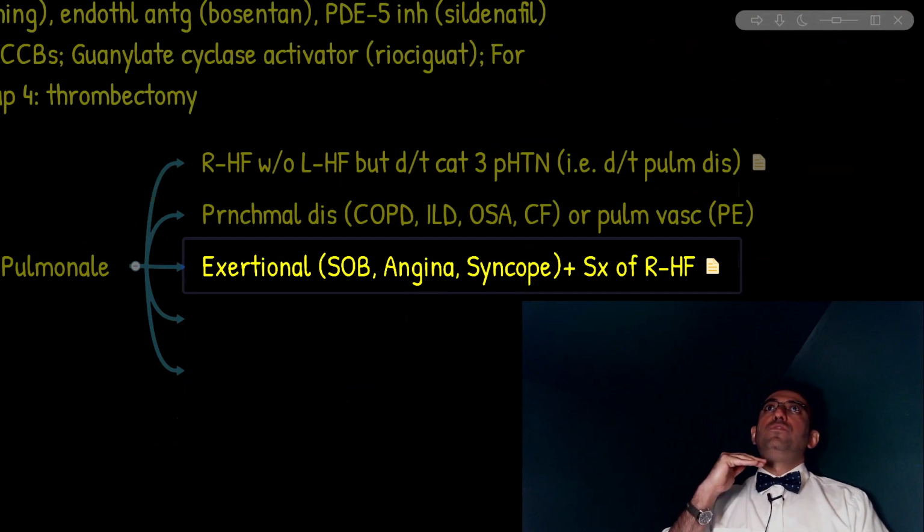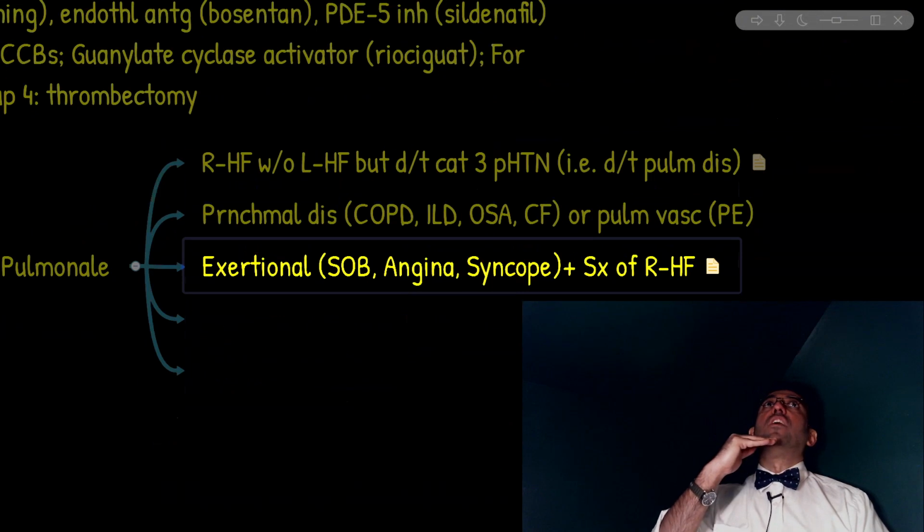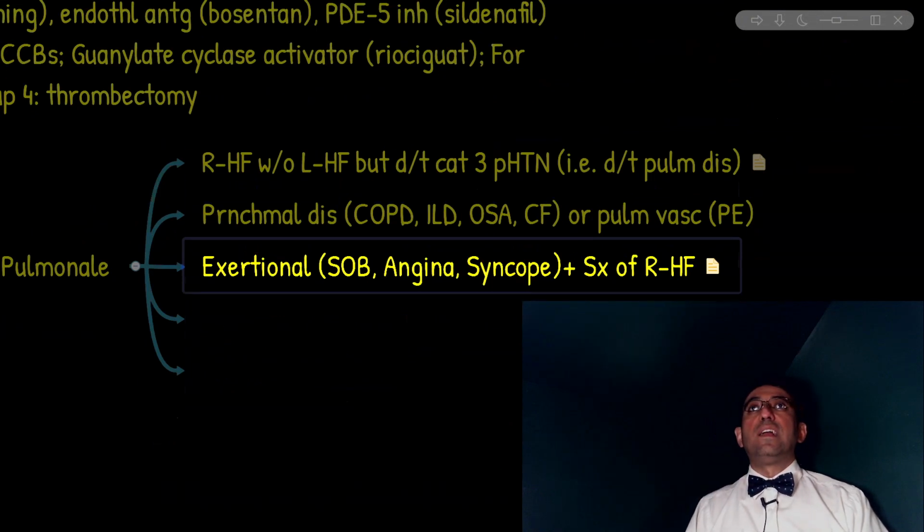And so if the JVD's top pulsation is felt up to 3 centimeters vertical from the sternal angle, that is considered normal. But if it is seen higher than 3 centimeters vertical column measured from the sternal angle, that's referred to as jugular venous distension.